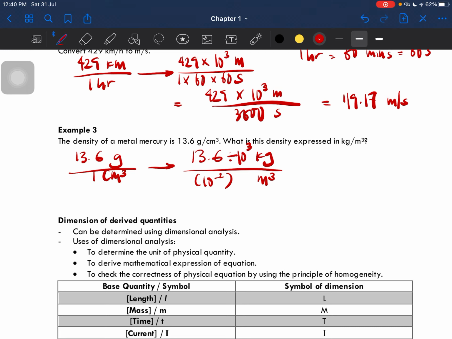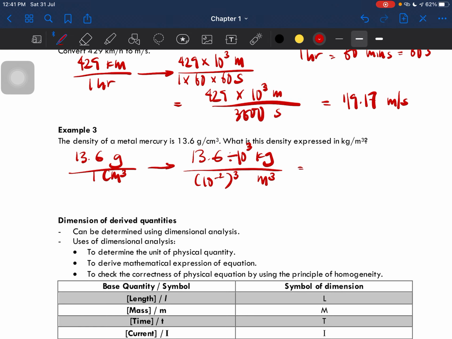Okay, and then cubic centimeter, the centi, which is the 10 negative 2, is being cubed. So being cubed means, instead of square, it is cubic. Okay, so 3 goes up here. Okay, it is times 3, we have to multiply this.